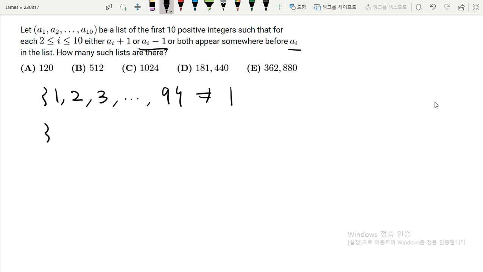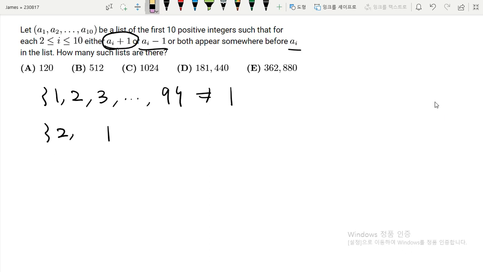And if we start from 2, in this case, we can put number 1 anywhere after 2, because 2 already appears before 1, so there is some freedom for 1. But for the other numbers, 3 must appear right after 2.